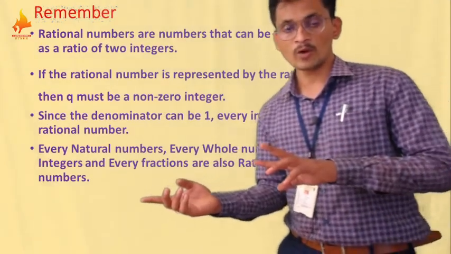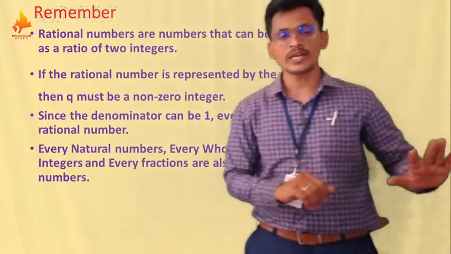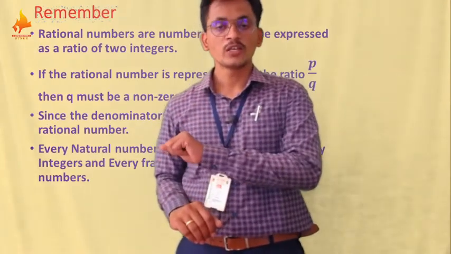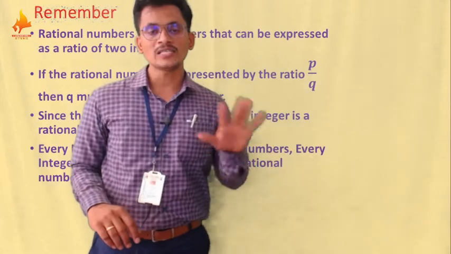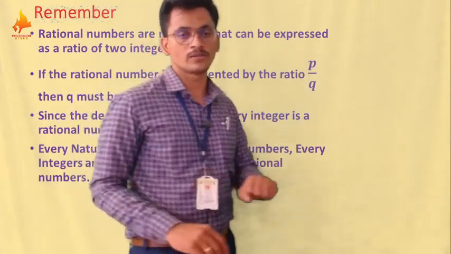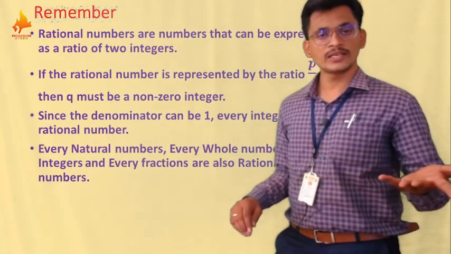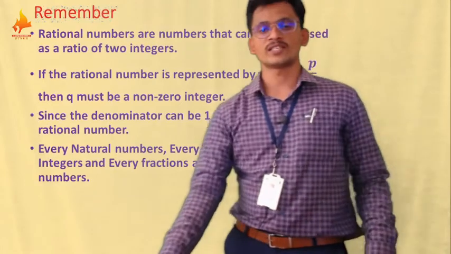No, because in integers negative numbers come, and those negative numbers are not fractions. So we can say every integer is a rational number. Similarly, every fraction is obviously also a rational number.